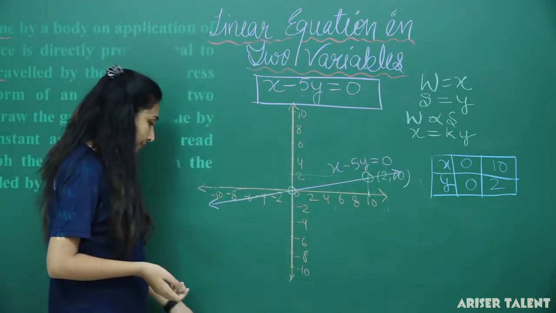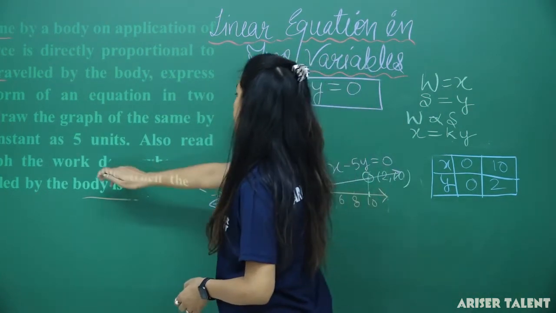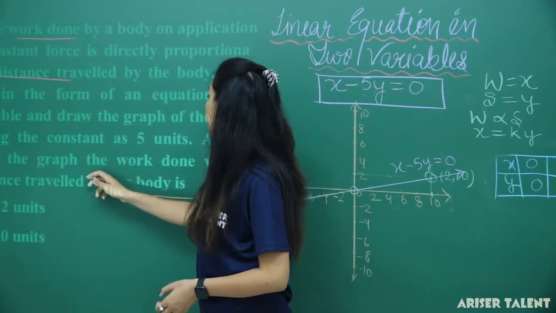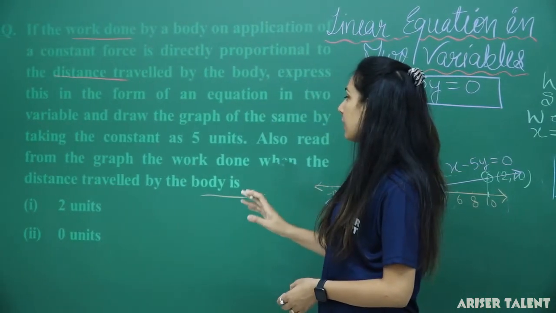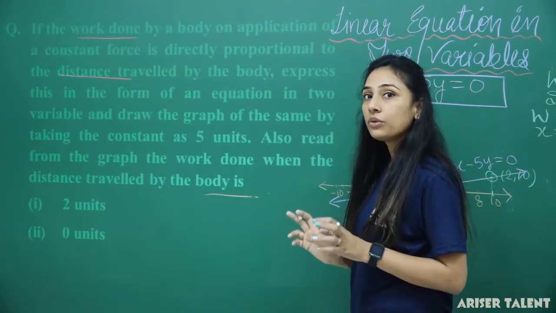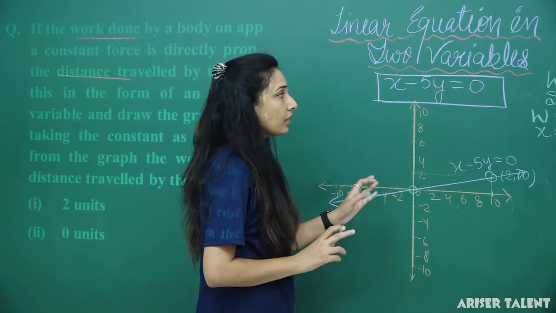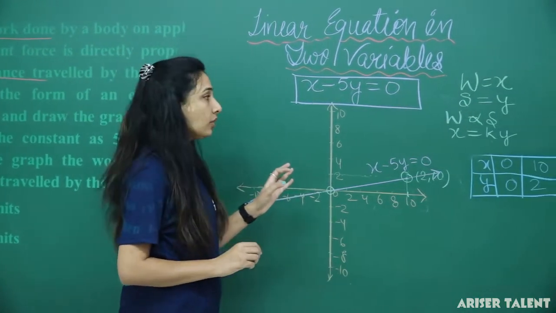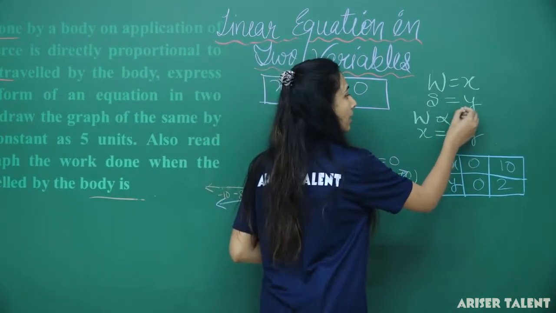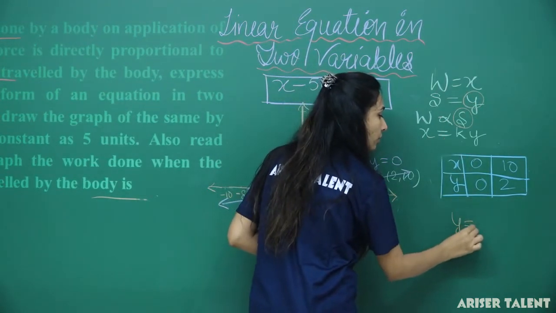Okay, now it's saying the first thing: also read from the graph the work done when the distance travelled by the body is 2 units. So the distance travelled by the body is 2 units. Now look here, we are getting the distance value. Distance is s and s value is y's value. So y is equal to 2.